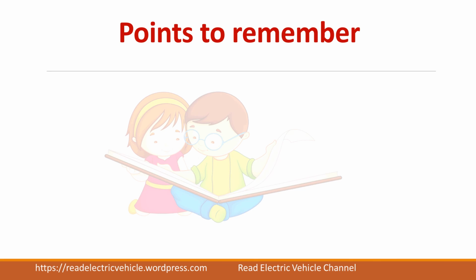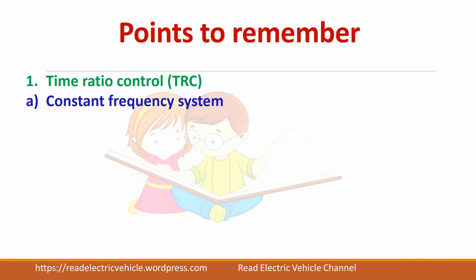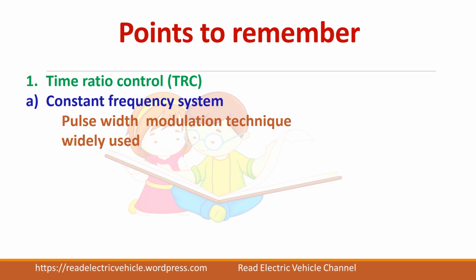So the points to remember here are: a chopper can be controlled by two methods. Time ratio control, where you have two different techniques, constant frequency system and variable frequency system. The constant frequency system is also called the pulse width modulation technique, where the frequency is kept constant. This method is widely used.